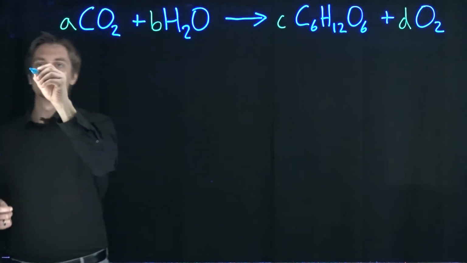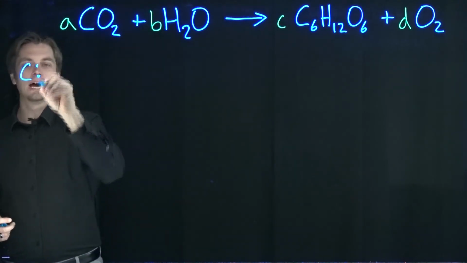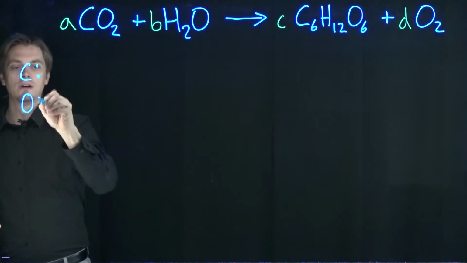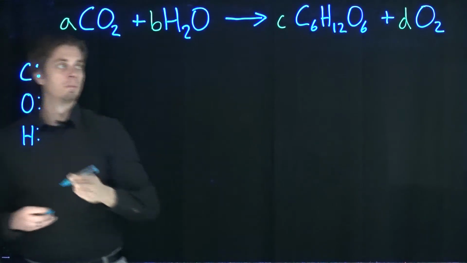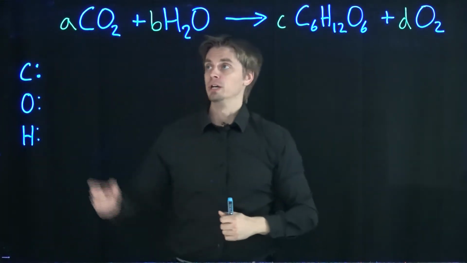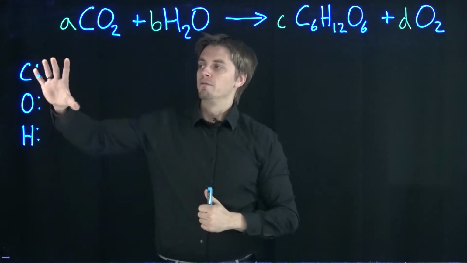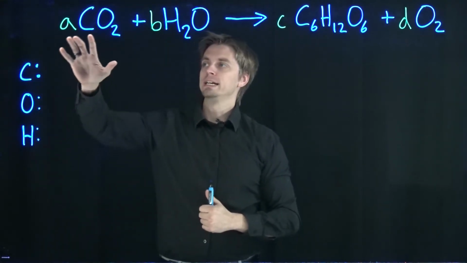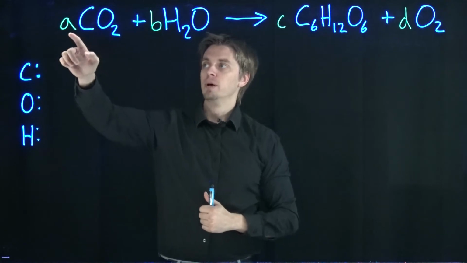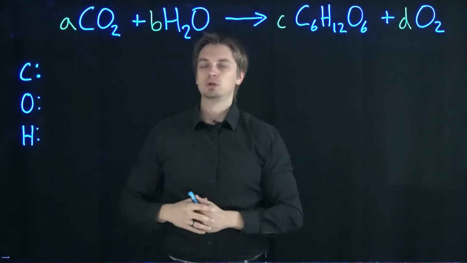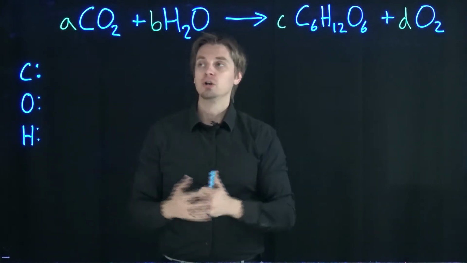We're going to start off by just writing out each one of the atom types that we have present in our chemical reaction equation: carbon, oxygen, and hydrogen. Now, for each one of these atom types, we need to construct a relationship between these stoichiometric coefficients, these unknown variables.